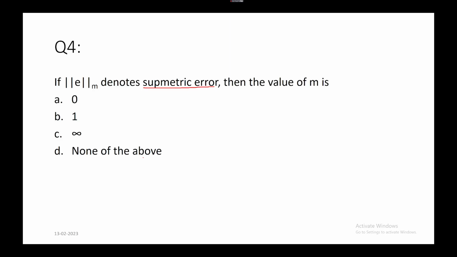First of all, do you know what is supremum error? Can you recall the types of errors, the measures of error that you came across in the week 2 lecture?